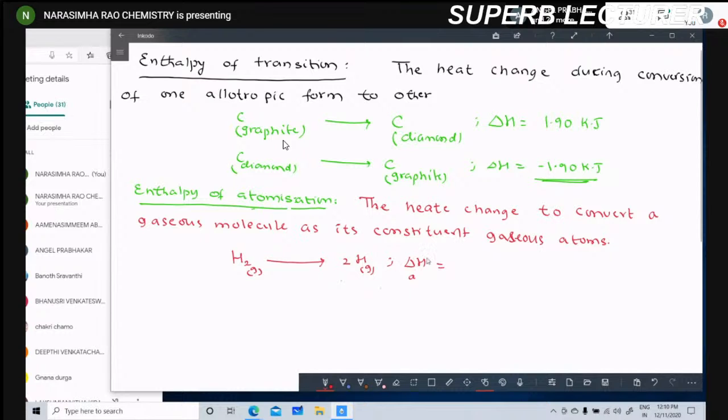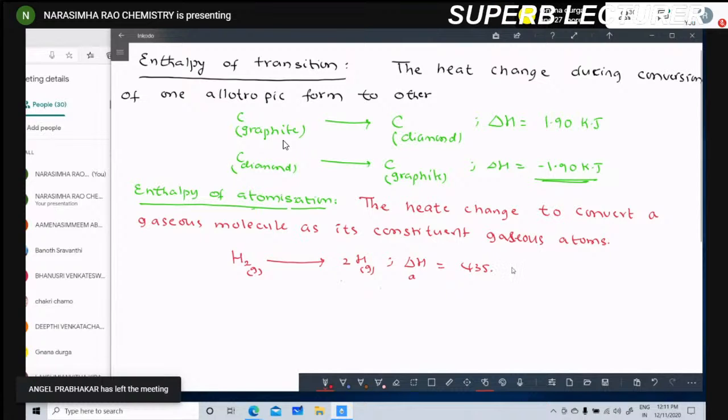It may be negative or positive, but it is not mentioned. Some decomposition of compounds is also an exothermic process, so it may be endothermic or exothermic, but the given example is endothermic, 435 kilojoules per mole.